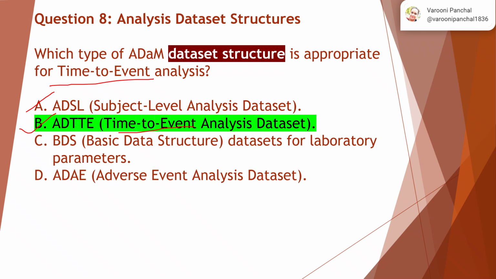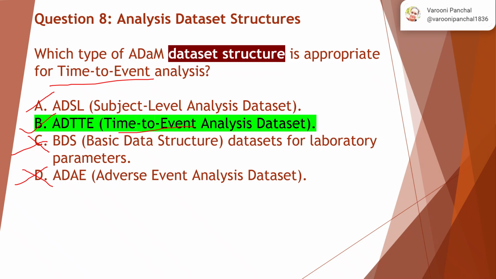And here adverse events related to AE cannot be the right answer, because we are dealing with the time to event, that is the survival related records. BDS structure is not possible, because I don't think ADTTE is a BDS structure.